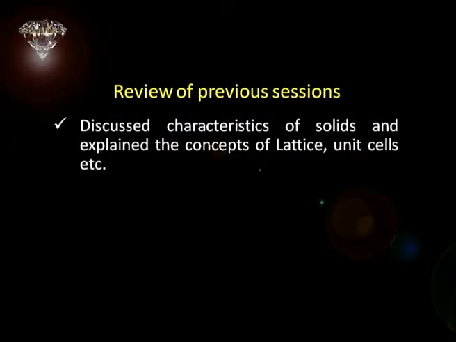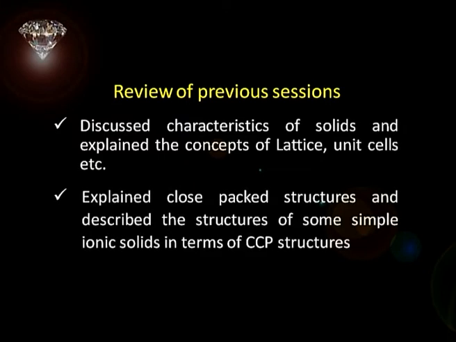Now let us make a beginning by recalling what we have done so far in these sessions. We started by discussing the characteristics of solids and explained the concepts of lattice, unit cells, etc. Thereafter we explained in detail the closed packed structures and described the structure of some simple ionic solids in terms of the cubic closed packed structures.